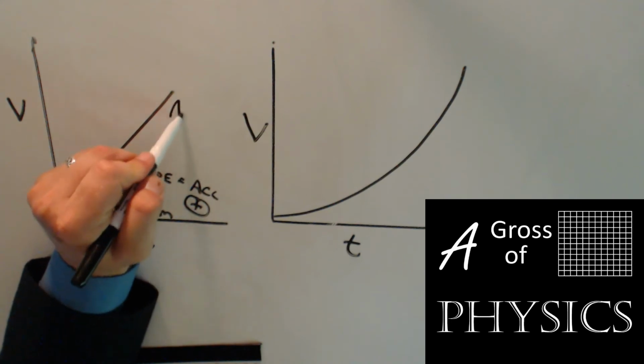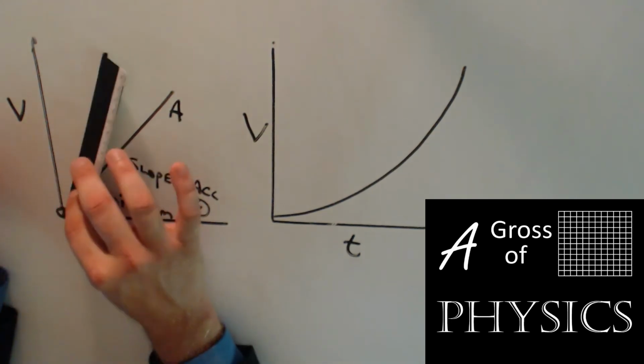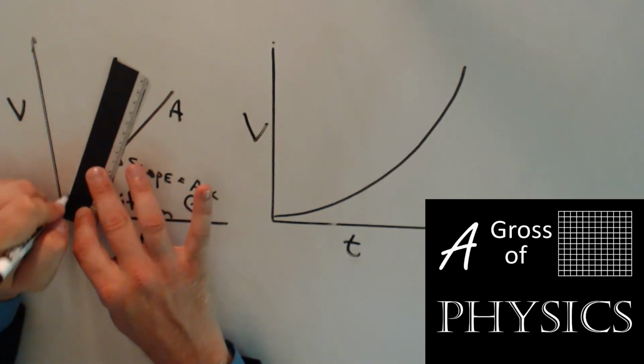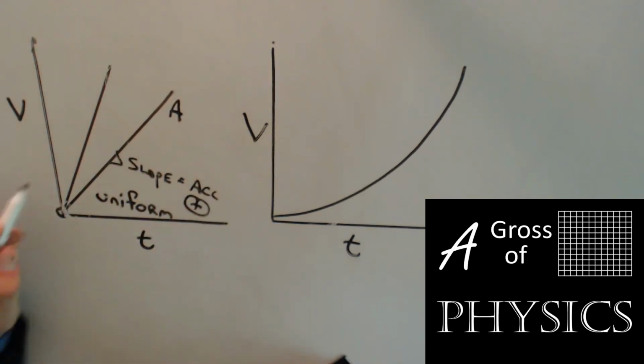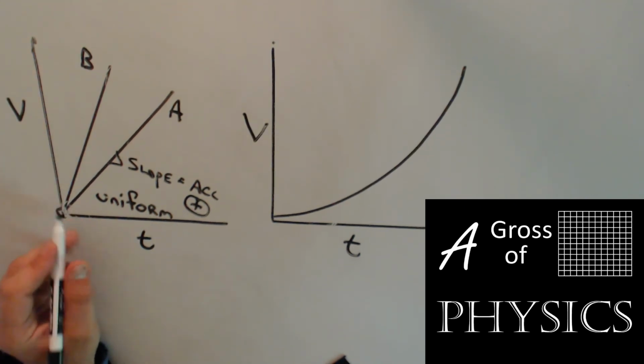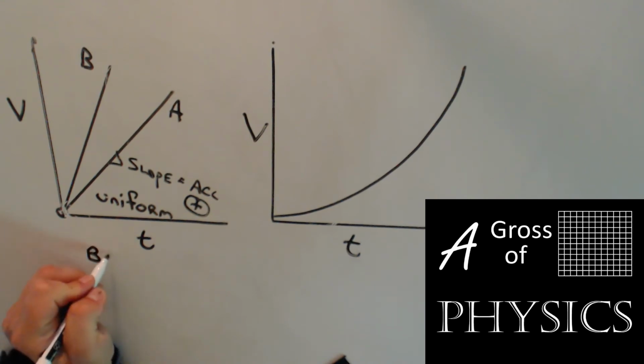Now, if we label that line A, we can just compare without numbers the difference between that and line B. Now, according to this, just from the observation of the two lines, we know that B has a steeper slope.